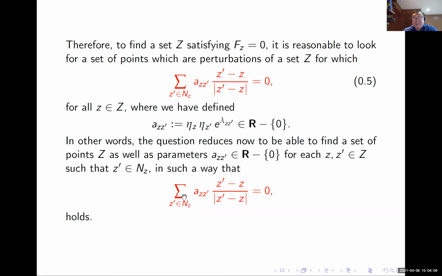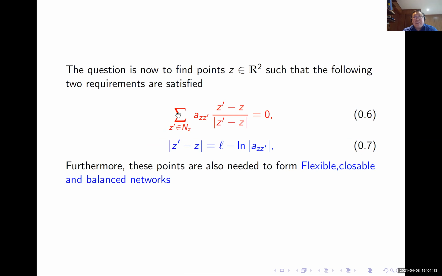So this is a necessary condition, and we need these two conditions to be satisfied. But this is not enough, because we need to perturb these conditions. So we need the network to be flexible.